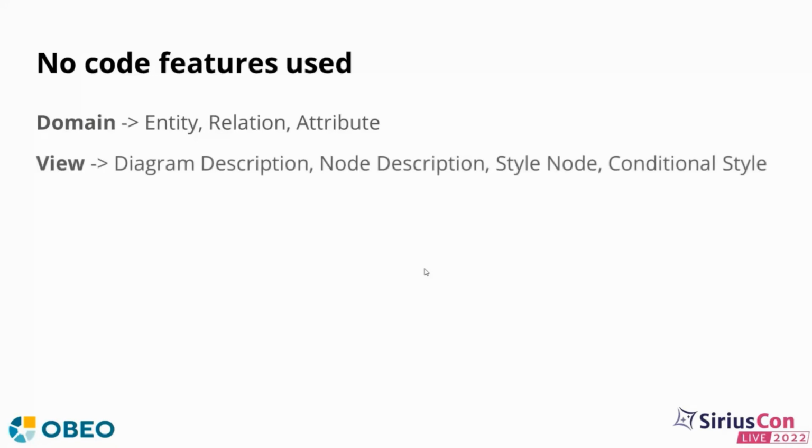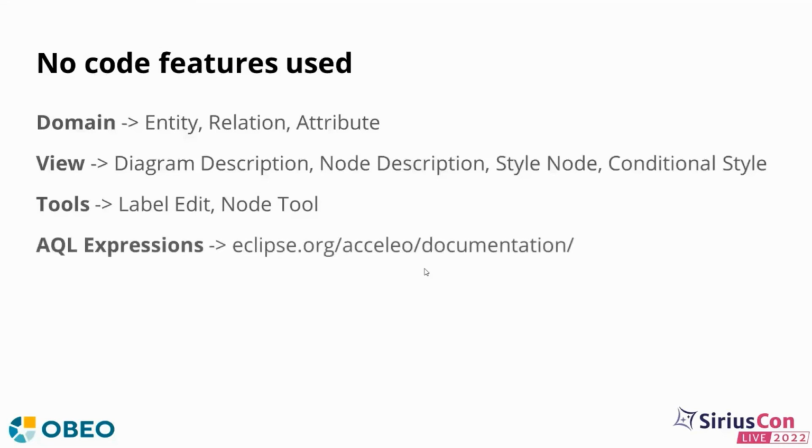To define the view, I have created diagram description with node descriptions, style nodes, and conditional styles. I have also created two specific tools to override the existing ones, which are provided by default, so the label edit and the node tool. And I have used SQL expressions to configure these objects.